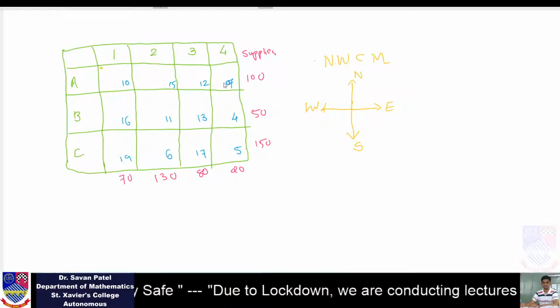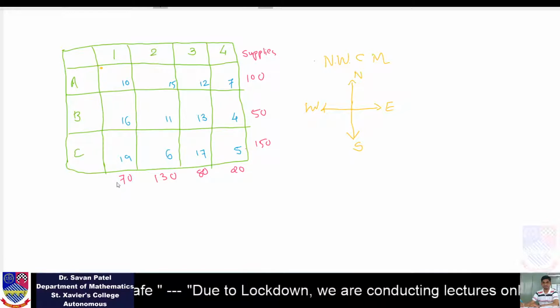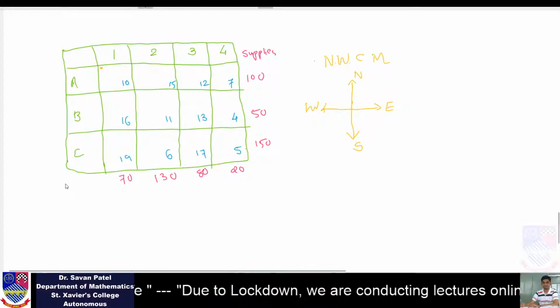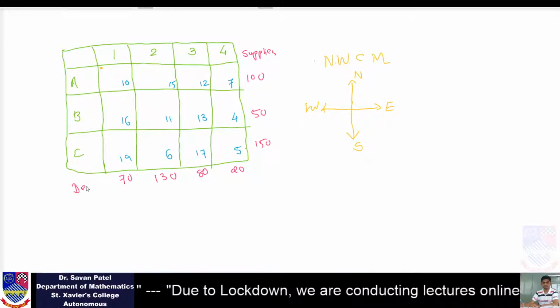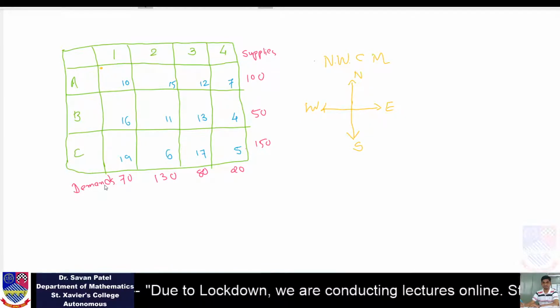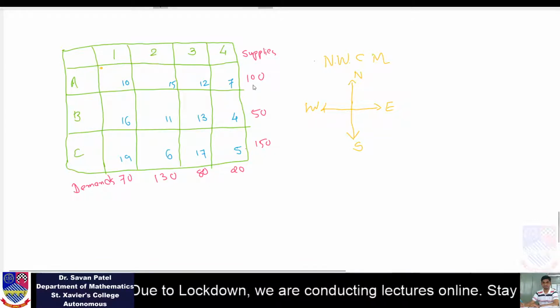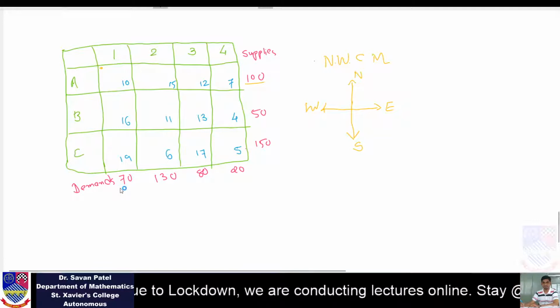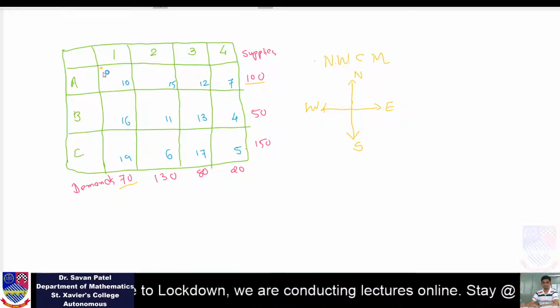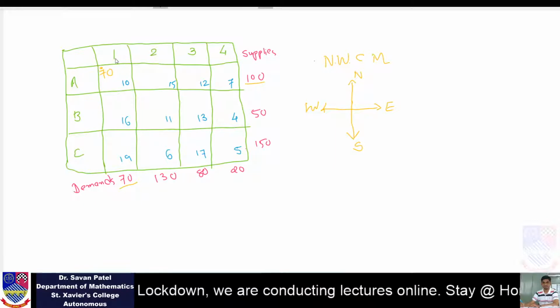Start from there. From these demands and supplies, take whichever is minimum. Here it is 100 and here it is 70. So the minimum is 70, and we will transport 70 units from A to 1.